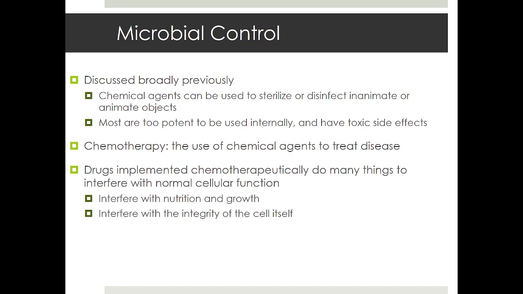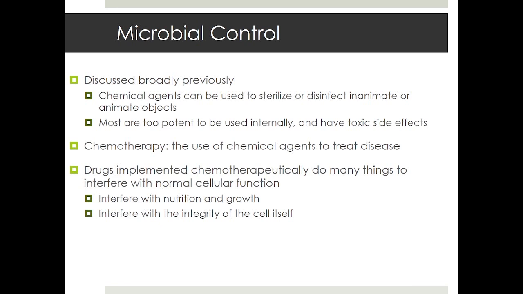So instead, in order to treat infections that affect living organisms, we can use alternative methods like chemotherapy. This is the use of chemical agents to treat disease, but instead, we are choosing drugs that are implemented to do things that don't interfere with our normal cellular function, but rather only target the pathogens instead.